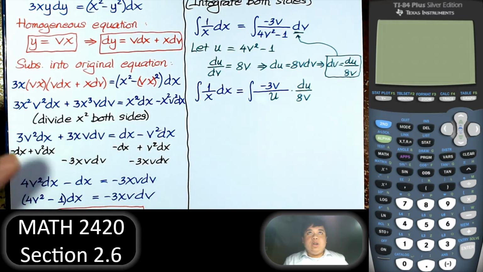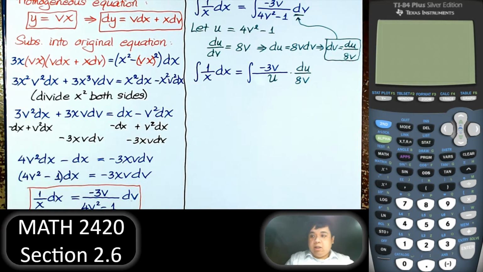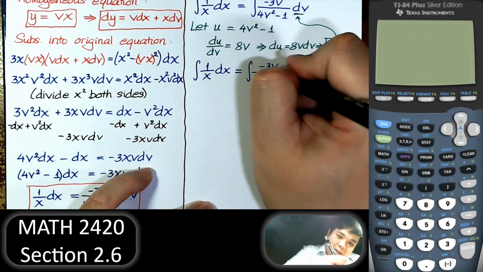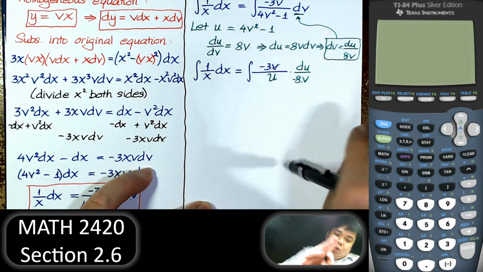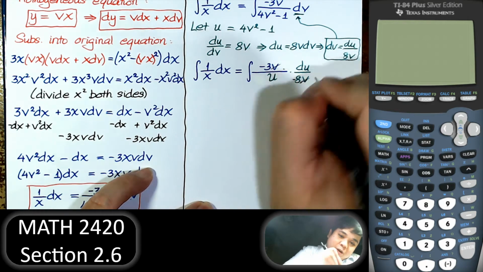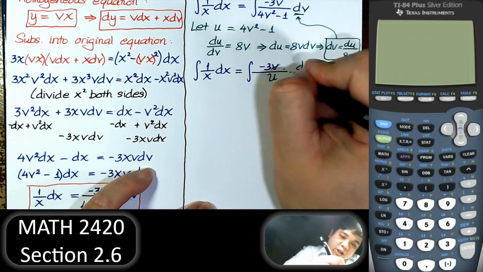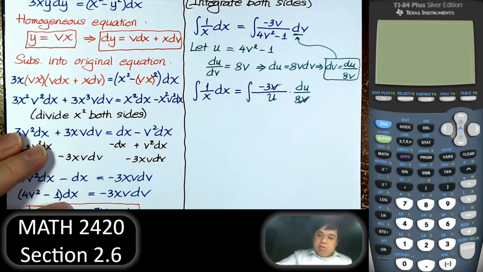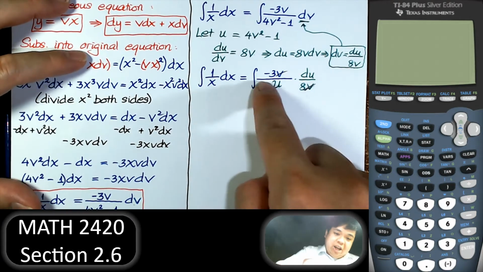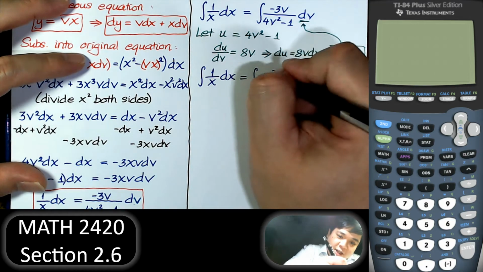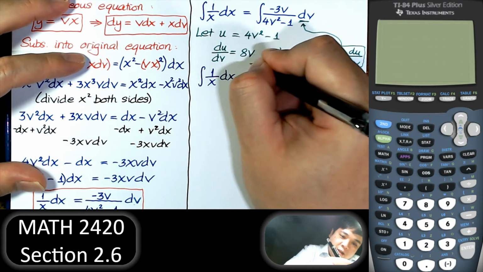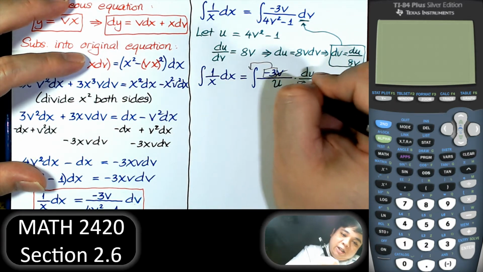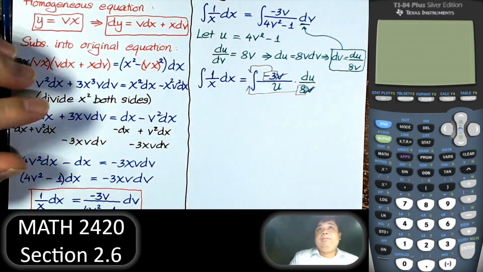Now the substitution, if we've done correctly, there will be just the integral in terms of the new variable. So the new variable is u. I'll take the negative 3 outside the integral and the 8 outside the integral.